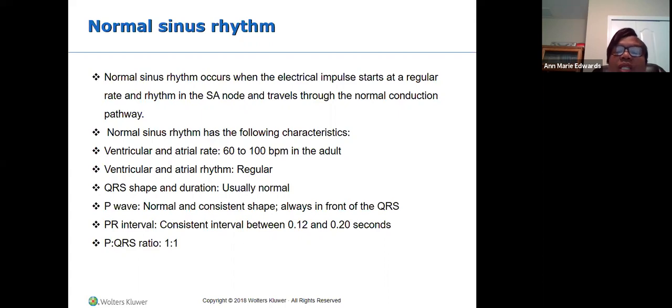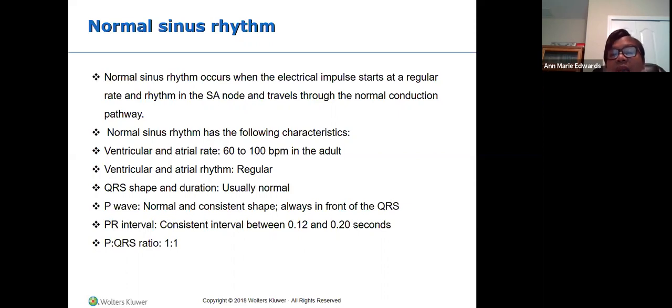And we always have a P wave in front of a QRS complex because it is P, Q, R, S, T. Okay, so the P wave has to precede the QRS complex in order for us to say this is a normal sinus rhythm.